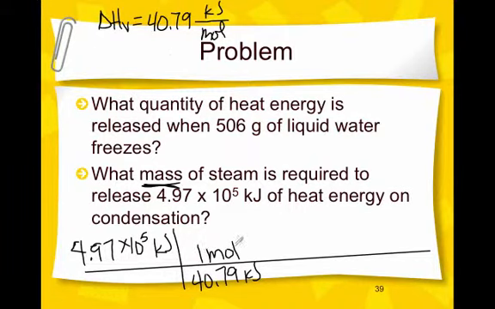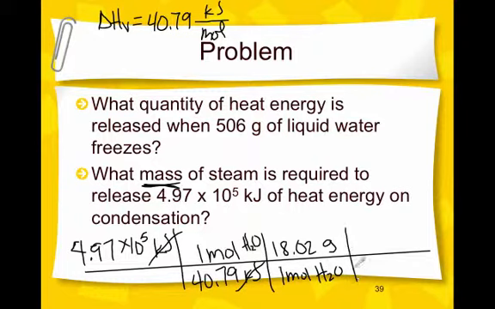So we can use the same conversion factor, we just flip it because we need our units to cancel out. And then we convert moles of water into grams of water. Pretty much backwards. We just flipped everything. And then just make sure 18 has to be on top because we need the units to cancel out.